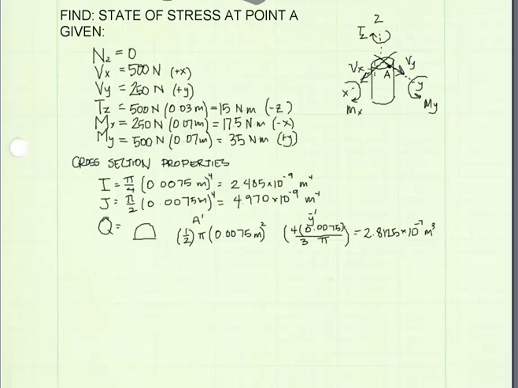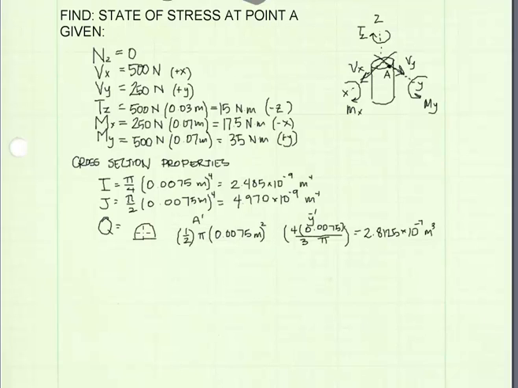Now to find Q. We will need Q when calculating the shear stress for our Vx, internal resultant shear force. Because point A lies on the neutral axis of the cross-section for that shear force, then we need to take the area above or below point A, and that'll be a semicircle. So the A prime for Q of a semicircle is just 1/2 times pi times the radius squared.